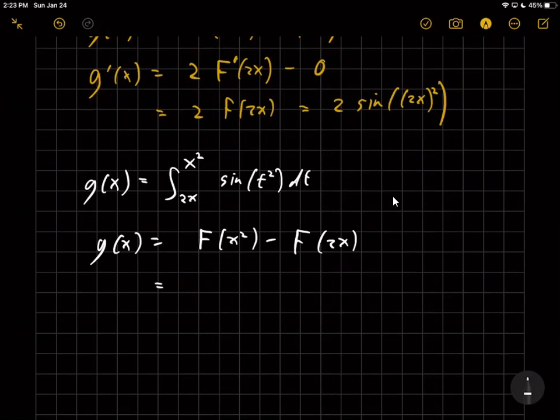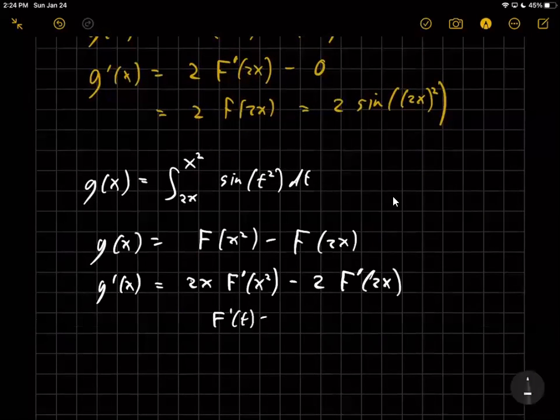So if I want to find g prime of x, I have to take 2x times f prime of x squared by the chain rule, minus 2 times f prime at 2x. And remember, f prime of t is the sine of t squared. It's the same as f of t.